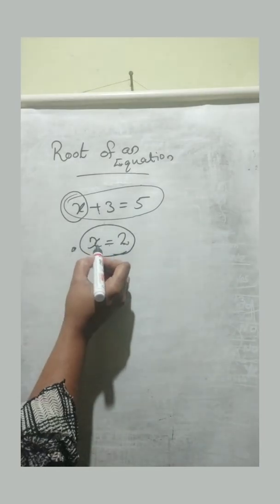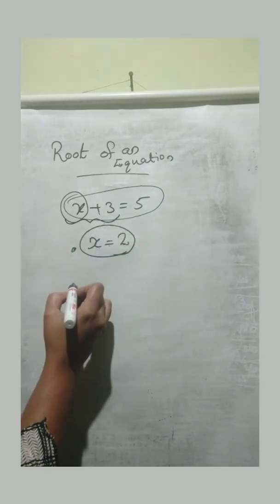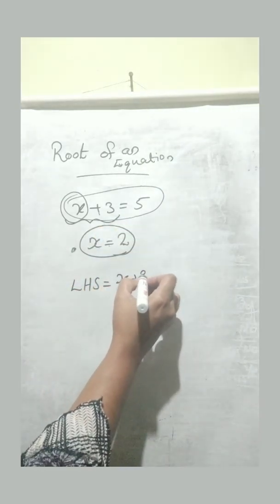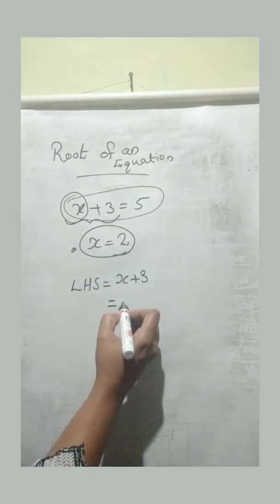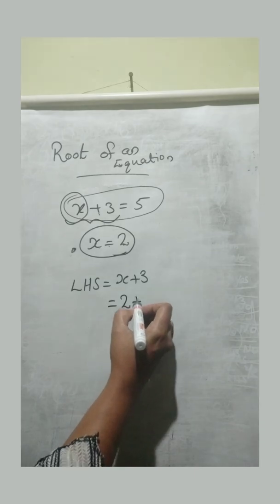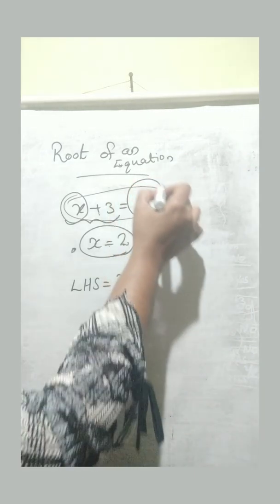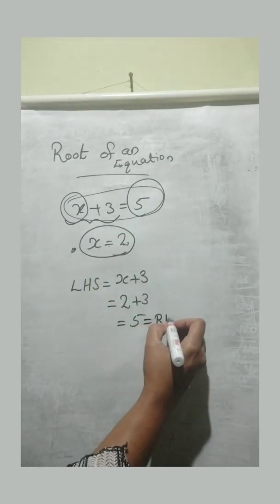We can substitute this value in the LHS. That is, LHS is equal to x plus 3. When we substitute this value in the equation, it is equal to 5. So here 5 is equal to the RHS itself.